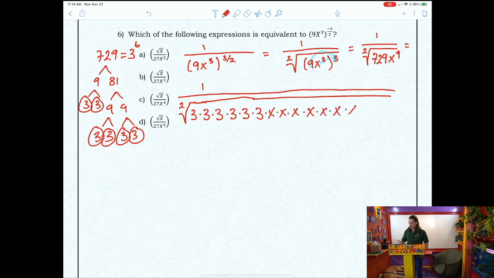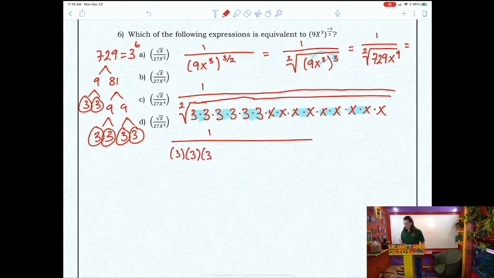It's the square root, so for every pair I can bring 1 outside. So then this is going to turn into 1 over, I can bring 1, 2, 3 3's out, so I'm going to have 3 times 3 times 3.